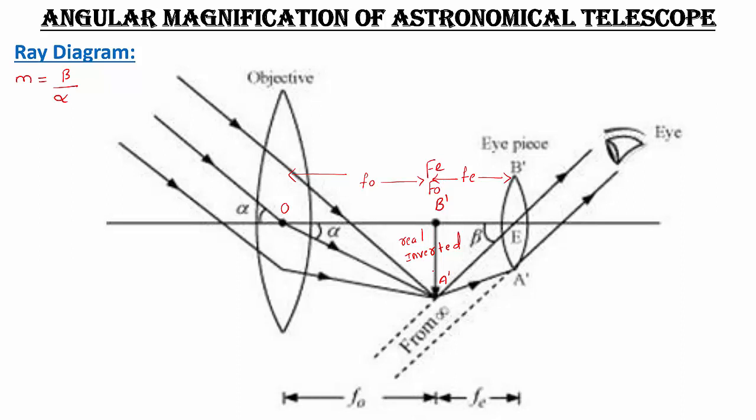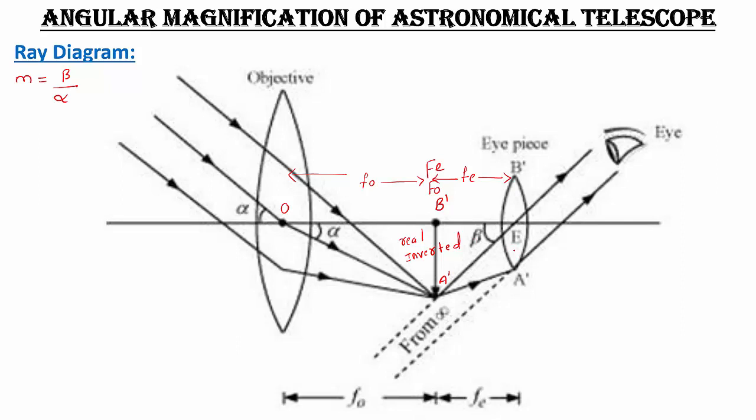Now A dash B dash is acting as object for the eyepiece, and the same A dash B dash is acting as image for the objective lens. From this A dash B dash, again light rays are emitted.